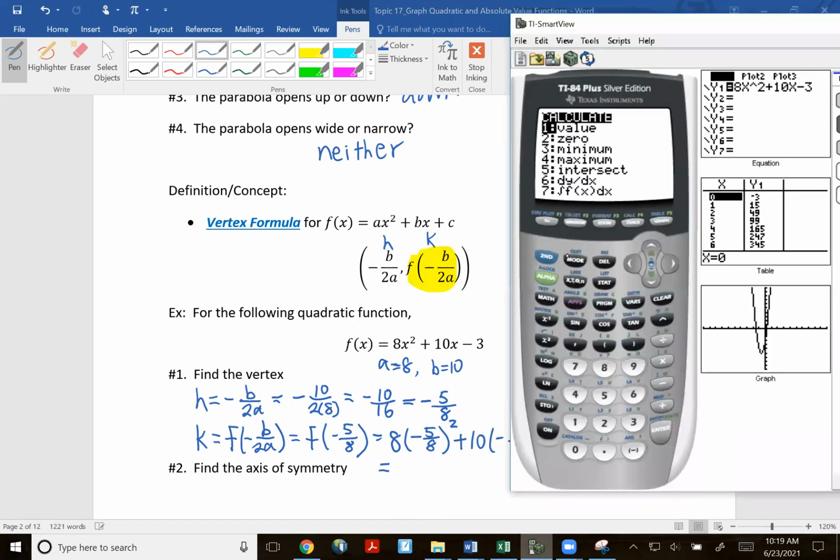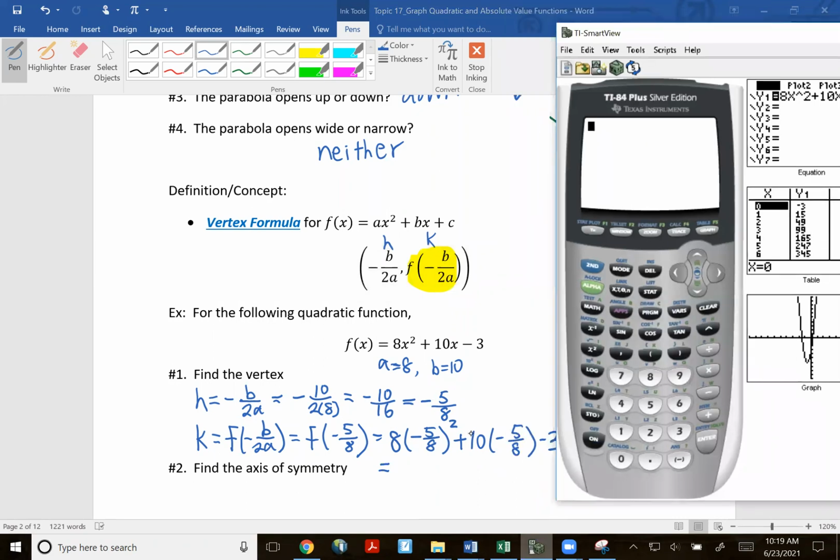All right, so in the calculator, I'm going to go back to the home screen and enter all this. I'm going to say 8 times parenthesis, negative 5 over 8, close parenthesis, to the second power, plus 10 times parenthesis, negative 5 over 8, close parenthesis, and then minus 3. When I press enter, it gives me a decimal approximation.